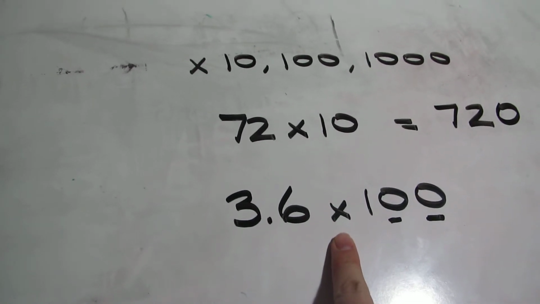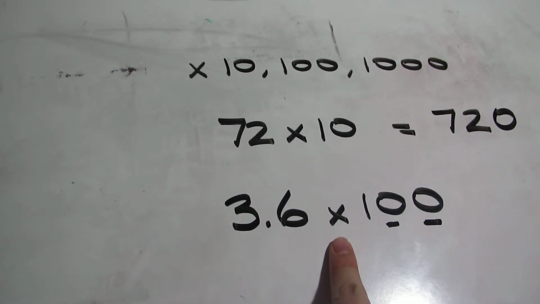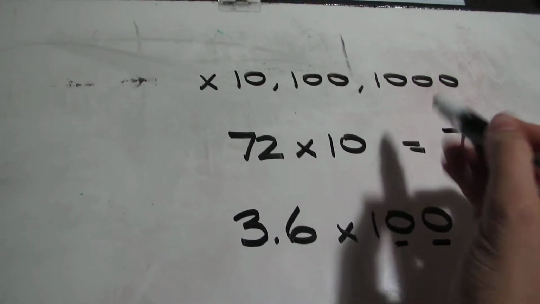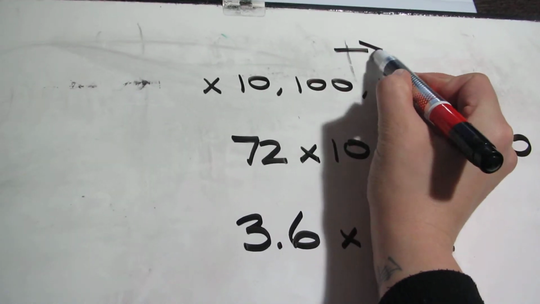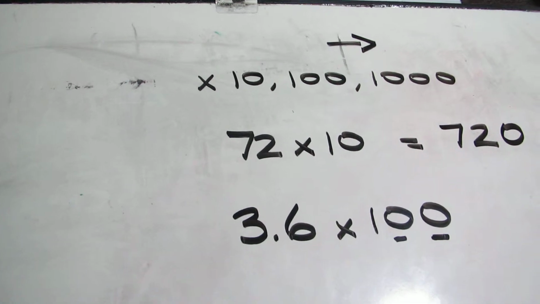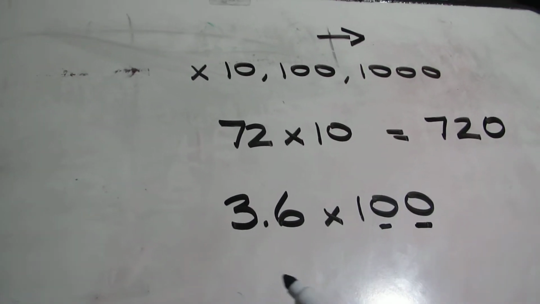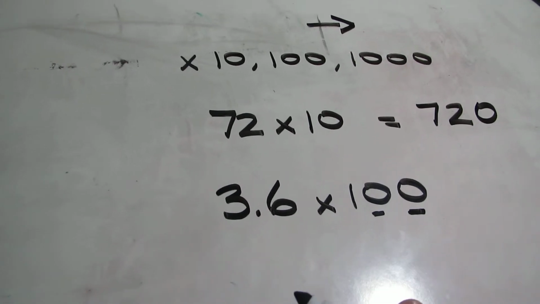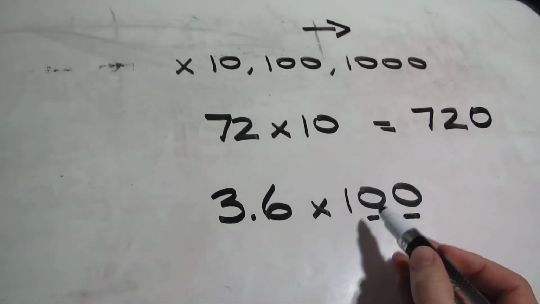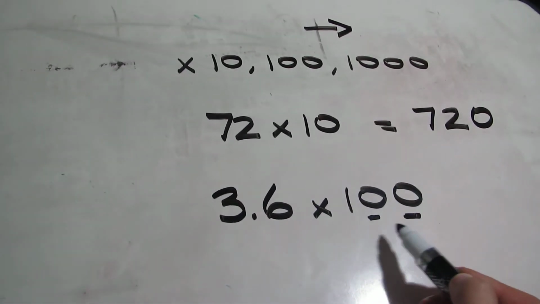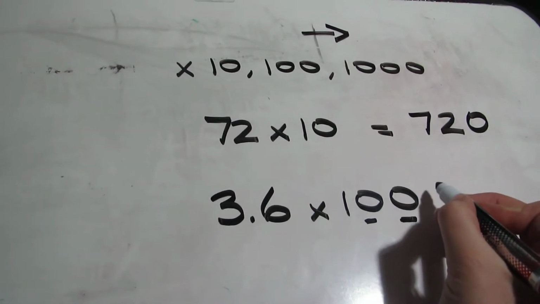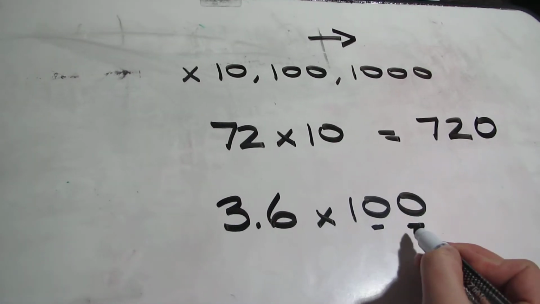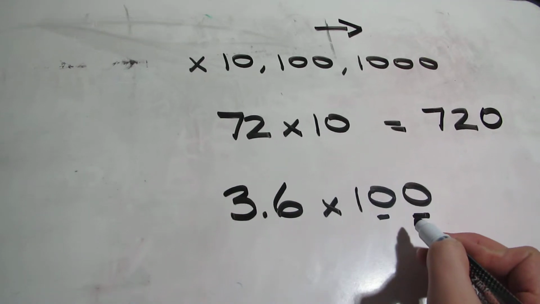So if the number gets bigger, that means we have to move the decimal to the right. So I'm going to make a little note to myself up here that the decimal is going to go that way. And of course we have to ask ourselves, well, how many spaces is it going to move? I can't just move it as many places as I want. I'm going to move it the number of zeros the question has. So in this case, it has 2 zeros, and that's how much you're going to move it.